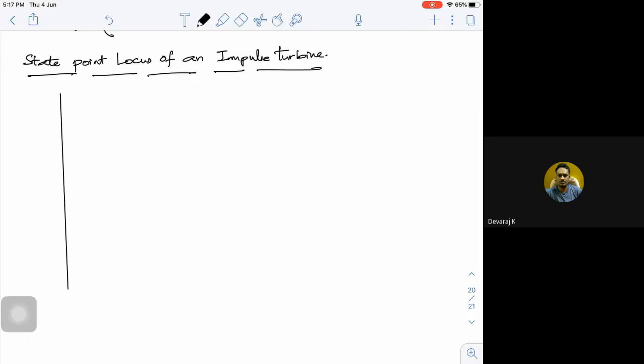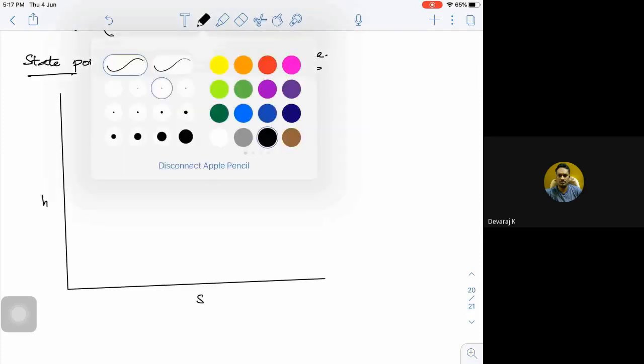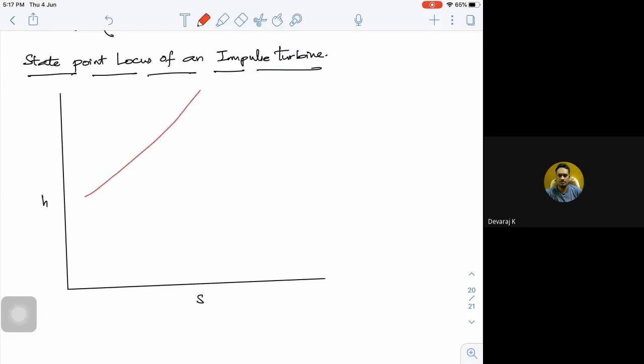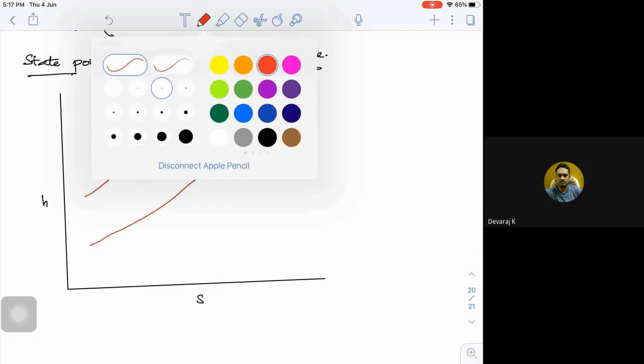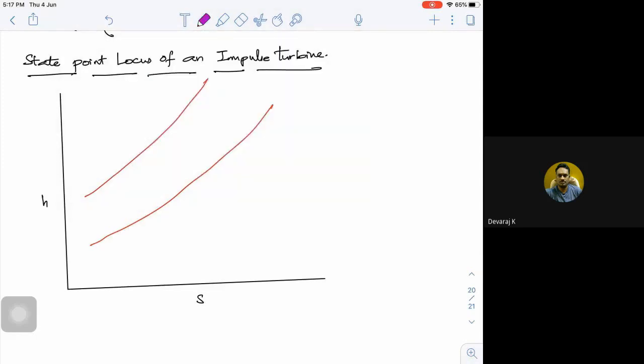So this is my HS diagram. Okay, H enthalpy diagram, and these are my pressure curves. And I try to expand it. If I try to put a dome for it, the dome may be something like this. Okay, this is your dome.